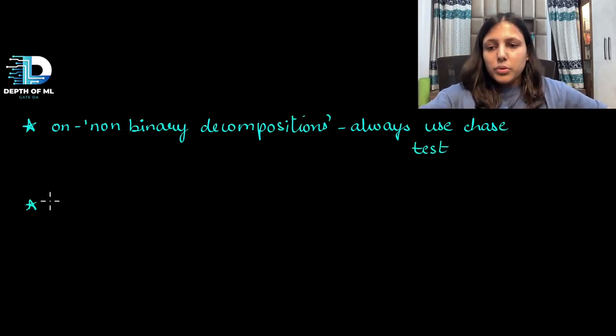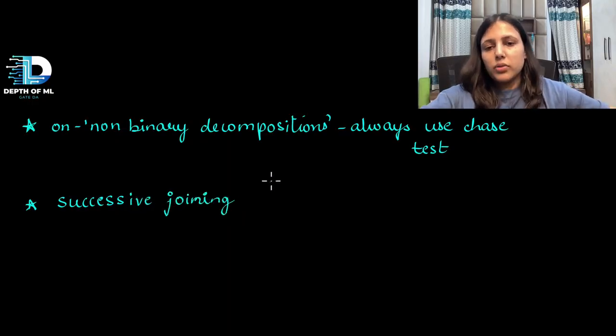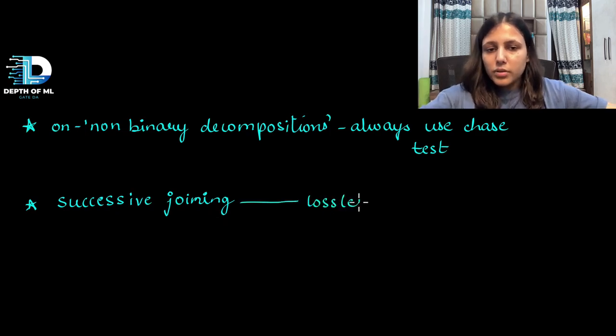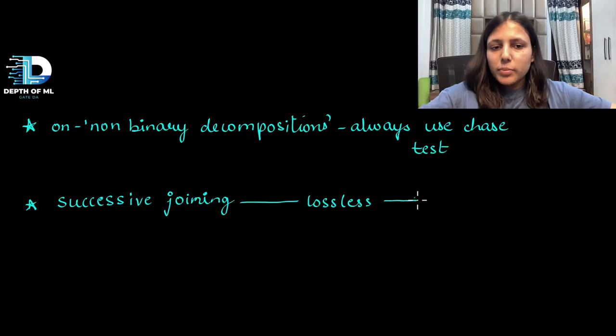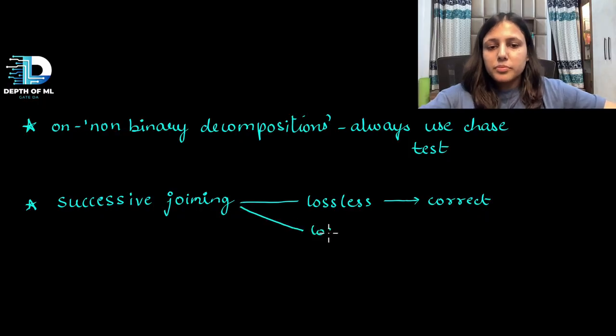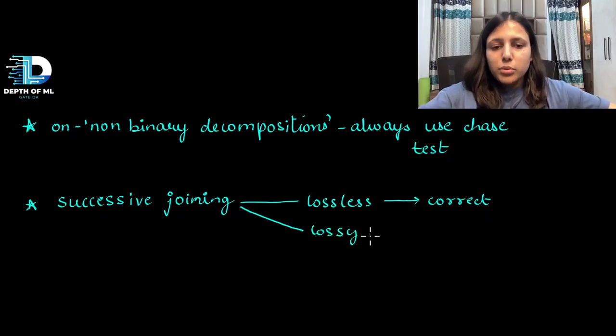Other thing I want to tell you is that if you are using the successive joining method, if it says lossless, then definitely it's going to be lossless. Then this is going to be the correct answer, right? But if it says lossy, then we have to use the chase test. Then it can actually be correct or incorrect.